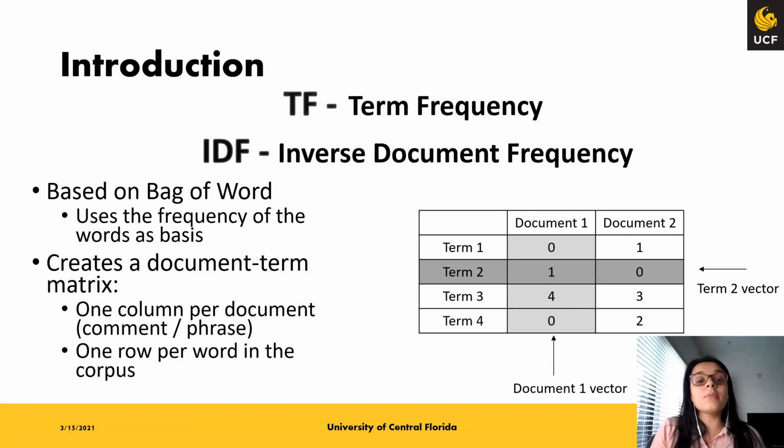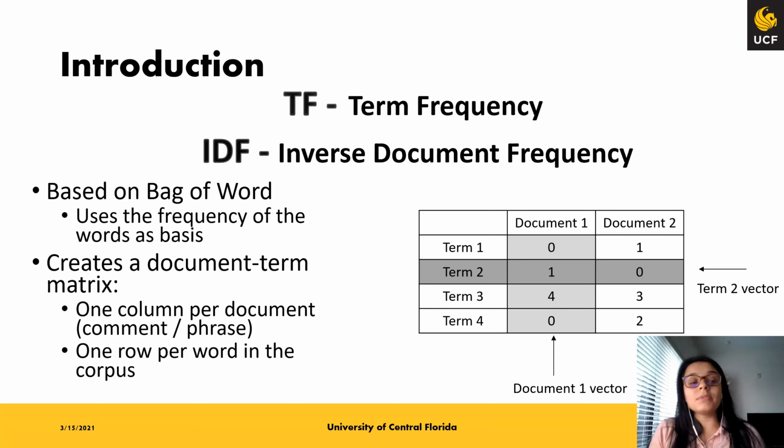It creates a document term matrix where we have one column per document, and we have one row per word in the document. So we have here an example, and we can see that we have 4 terms or 4 words, and we have 2 documents.